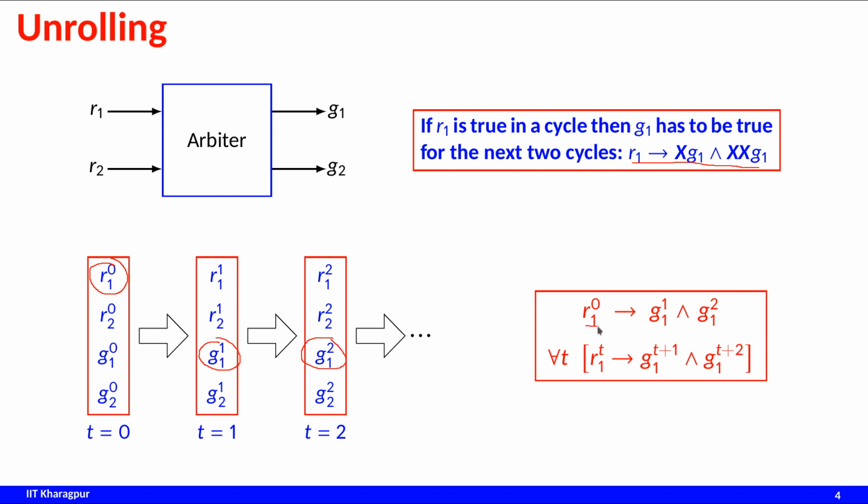In a more generic form, we can write a set of clauses: r1_t implies g1_(t+1) and g1_(t+2). This should hold for any time step. So we can write the set of clauses and check for satisfiability.